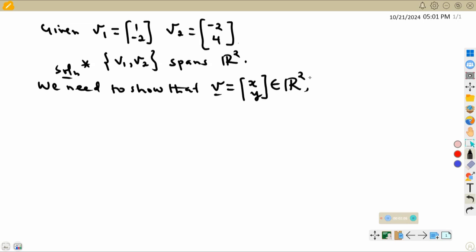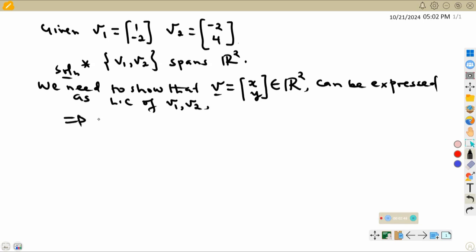to show that this V can be expressed in terms of the linear combination of the vectors V1 and V2. So we need to show that this V can be expressed as a linear combination of V1 and V2. In order to do that, we shall need scalars.